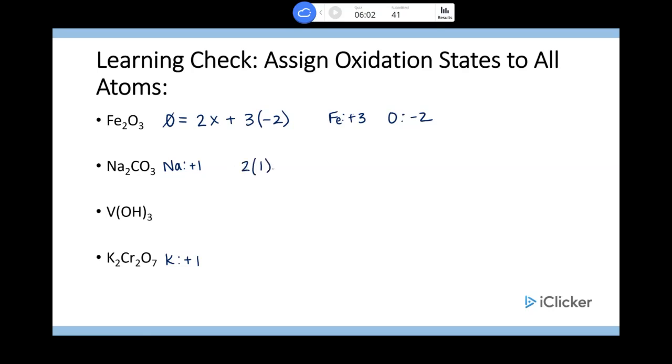We have 2 times the oxidation state of sodium plus X for carbon plus 3 times the oxidation state of oxygen, all equal to 0. Solving for X, carbon's oxidation state is +4. So we have sodium +1, carbon +4, oxygen -2.